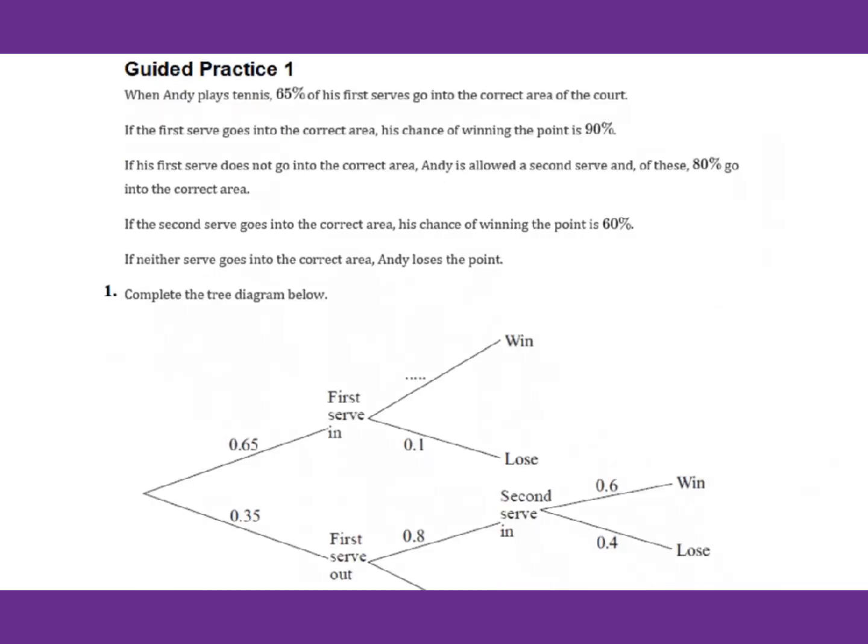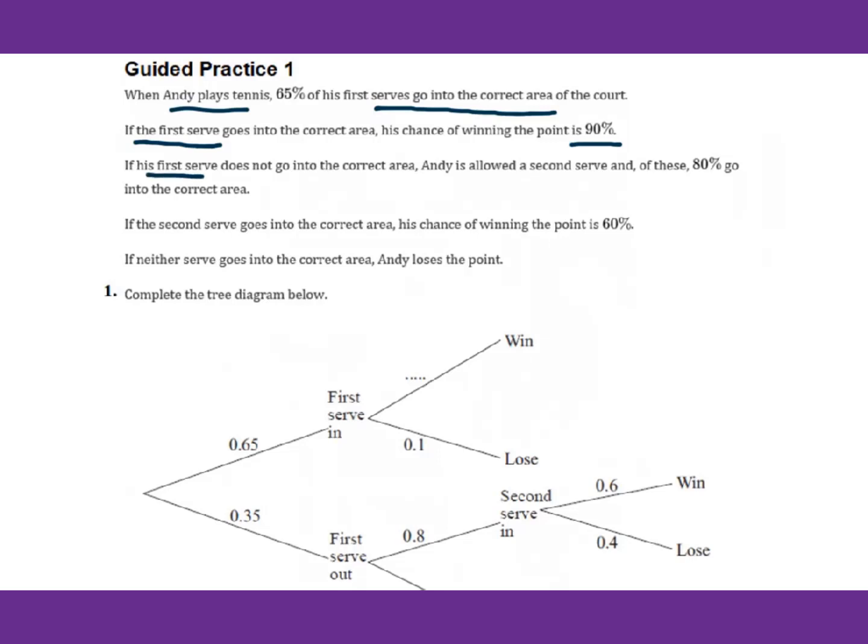Guided practice 1. When Andy plays tennis, 65% of his serves go to the correct area of the court. If the first serve goes into the correct area, his chance of winning the point is 90%.